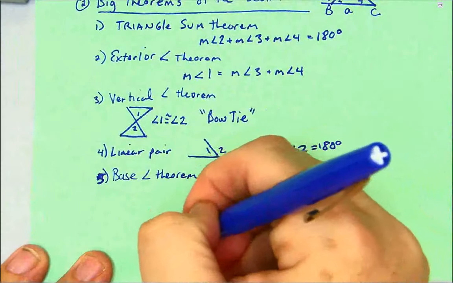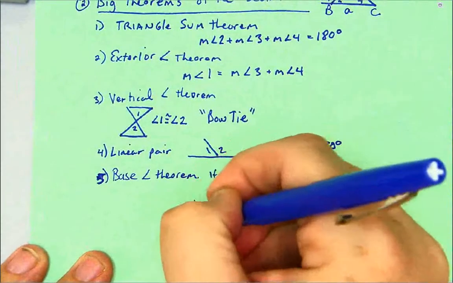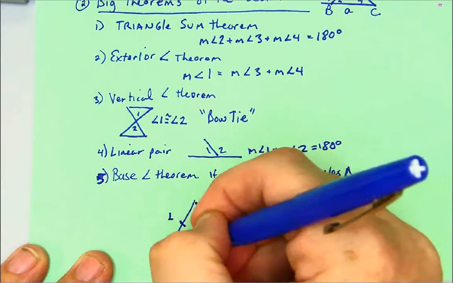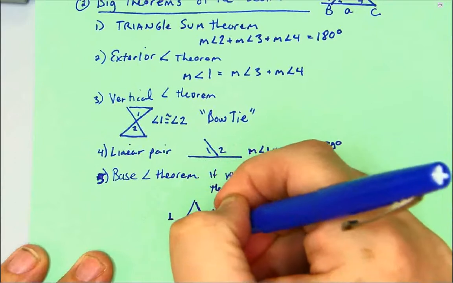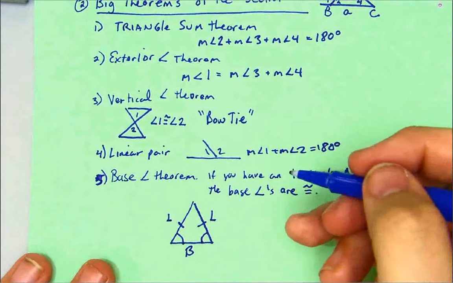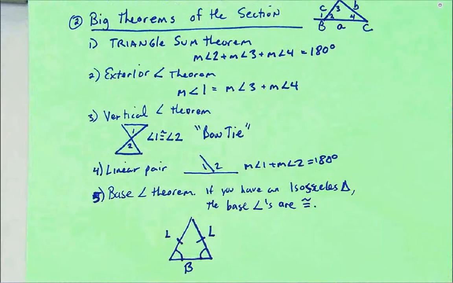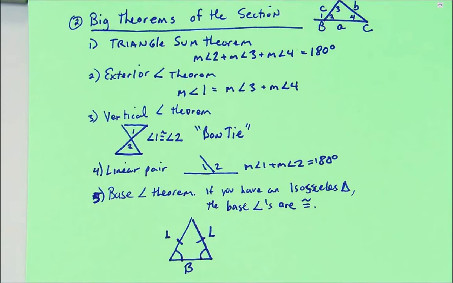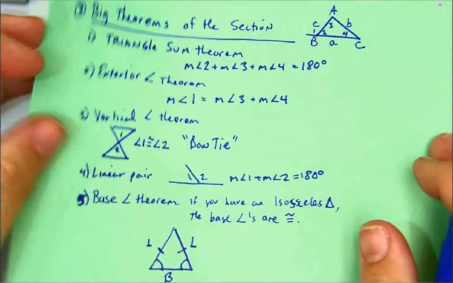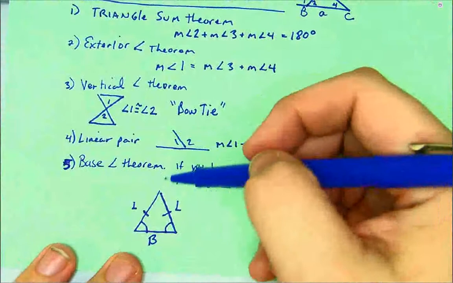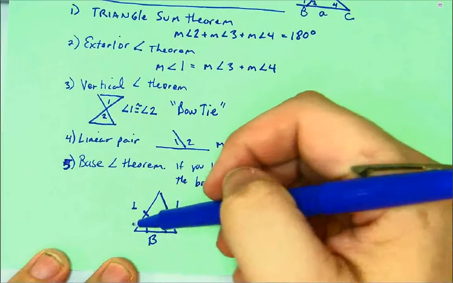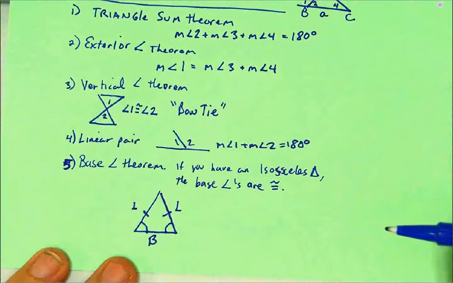So, if you have an isosceles triangle here, there's a leg, there's a leg, there's the base. There are your base angles right there. The relationship between the legs and the opposite angles are always going to work for there.